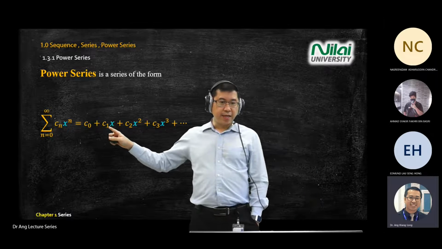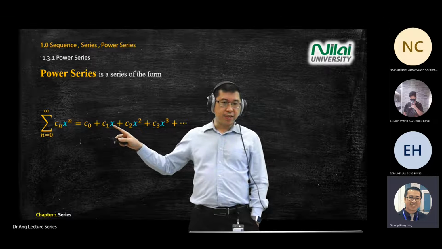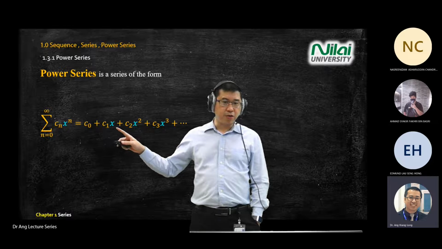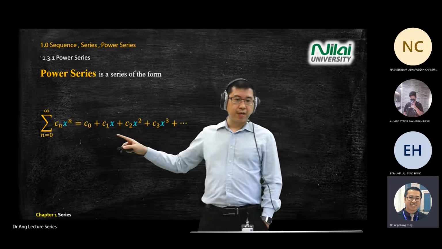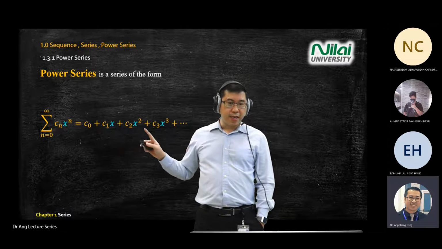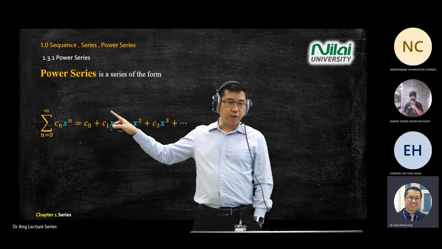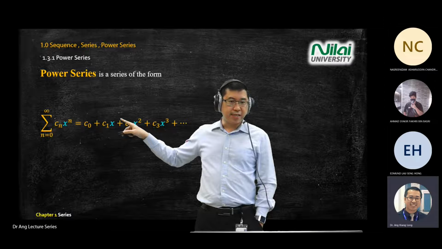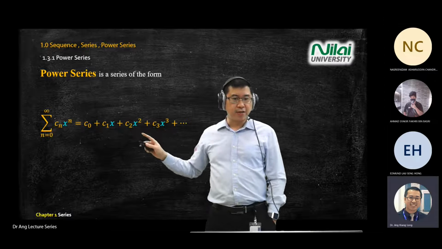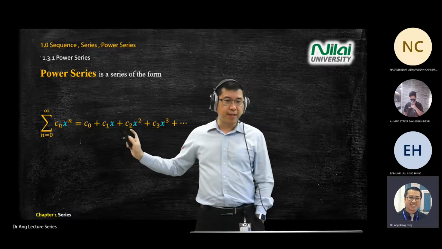Okay, and then you can see the first one is C sub 0, which means it's a constant value, your first constant value. And the equation for power series, at the far left there, you see C sub n x power n. So that is a power series pattern.